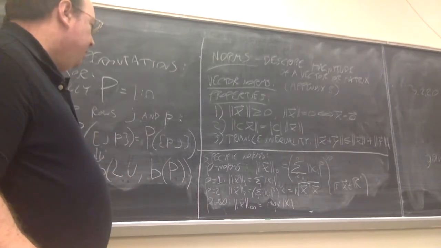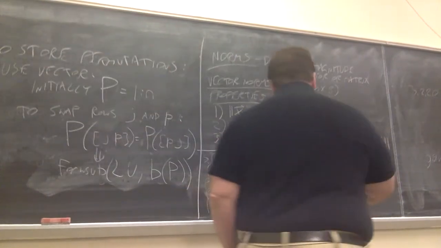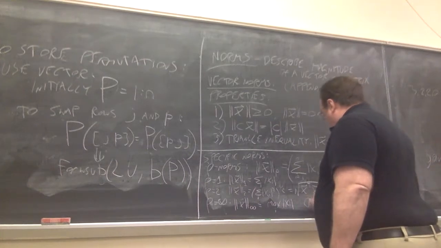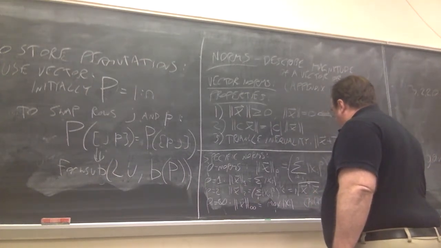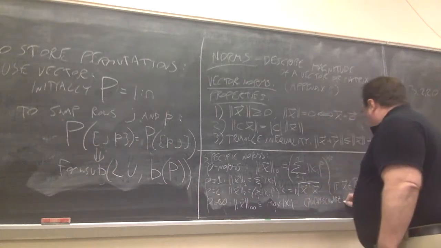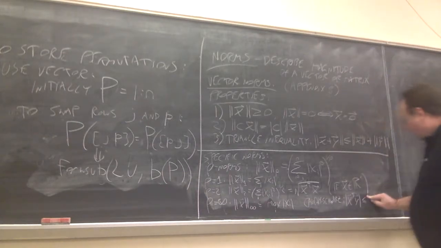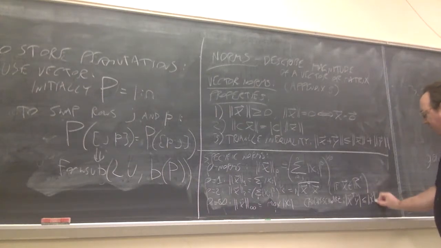For the 2 norm, there's one useful inequality that you might have seen in calculus, the Cauchy-Schwarz inequality. That says that the dot product or inner product of 2 vectors, x and y, is less than or equal to the product of their 2 norms.